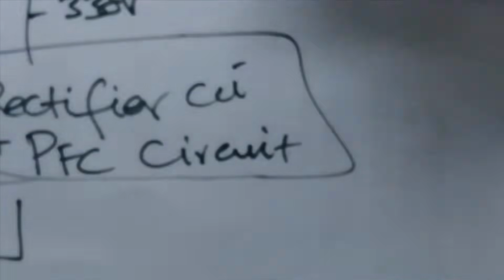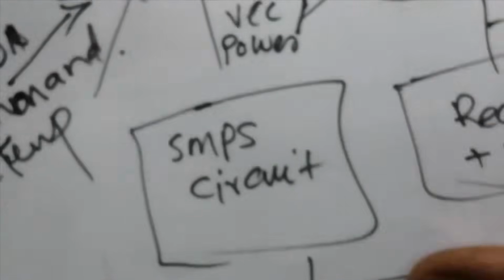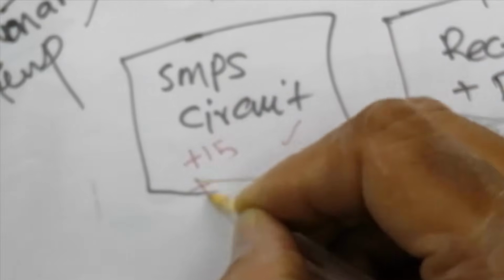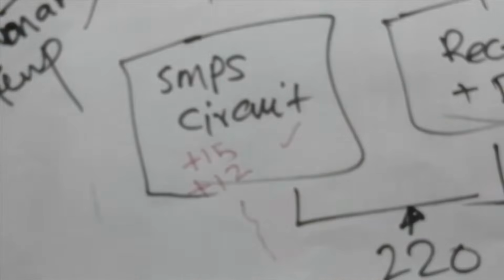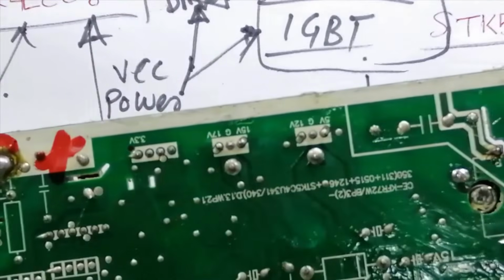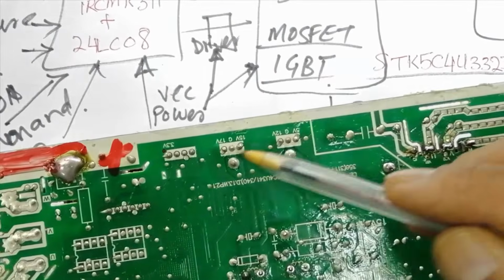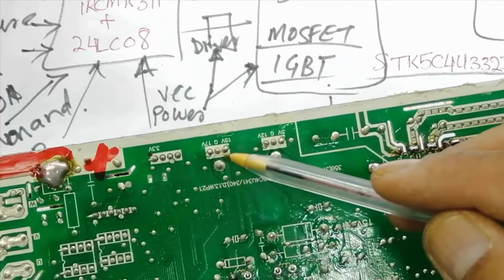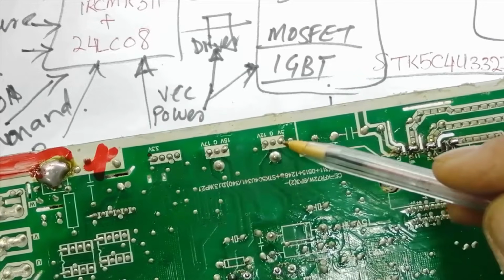So our standalone power supply will generate plus 15 volts, plus 12 volts and other power supplies. First of all, if the board is not working, we have to check the voltage at these points. Ground 15 volt, ground 5 volt.